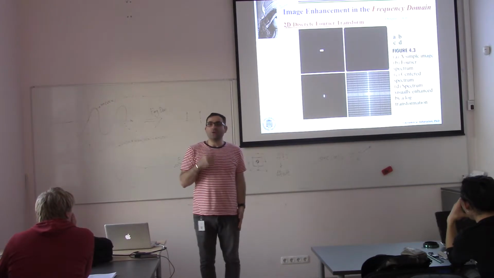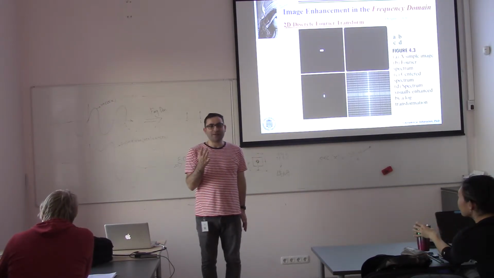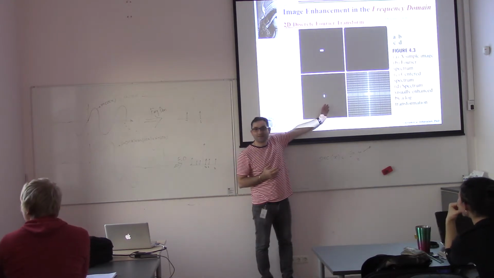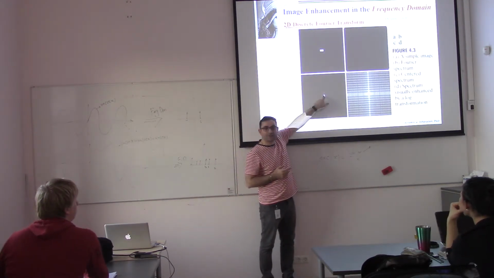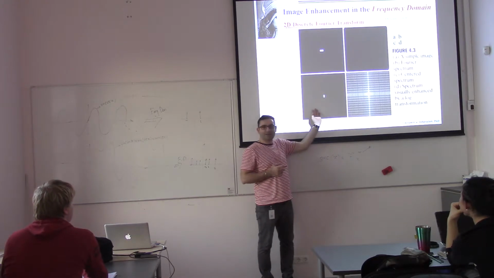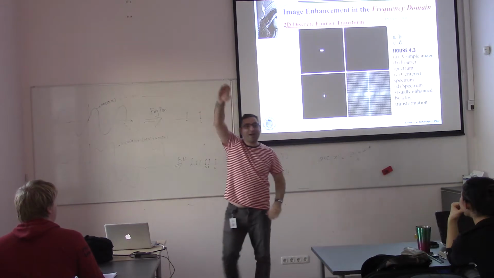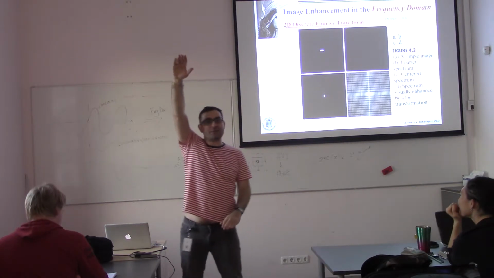Now, if you look at the image in the frequency, this is the frequency representation of this one, you can see that the center is very bright, and if you go a little bit away, you don't have anything. But the reality is that the value at the zero frequency is very high.